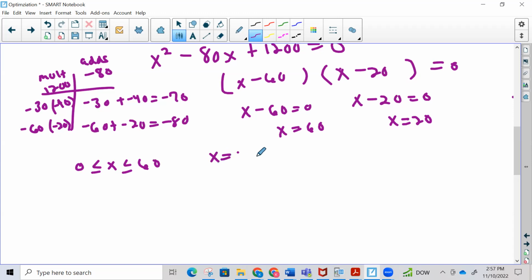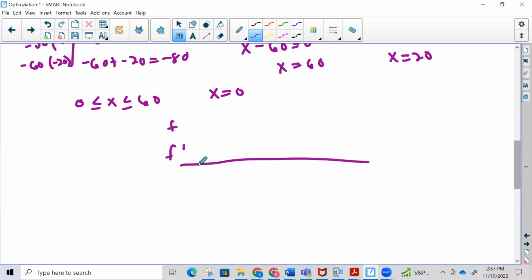It wouldn't make sense, but it has the potential to be a max. So we should check all these values. Because we have endpoints, usually the best way to check is to do the first derivative test instead of the second, because you can't check an endpoint with the second derivative test. So I'm going to put my 2 critical points, which are these, and then the endpoint. So one of the critical points is an endpoint.